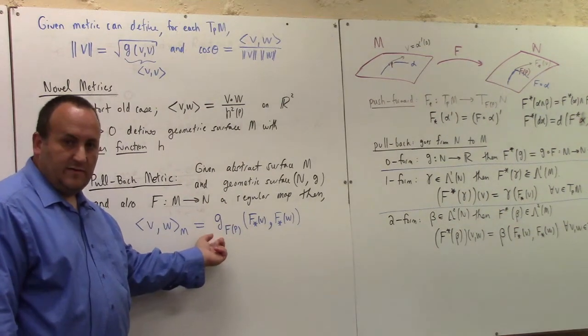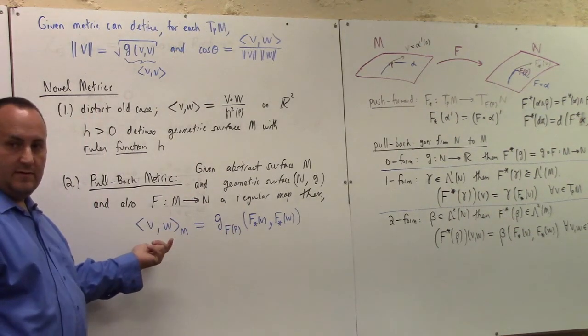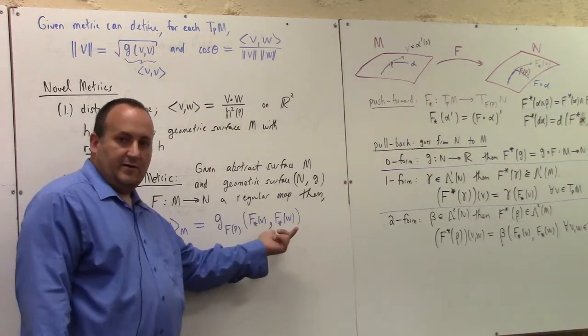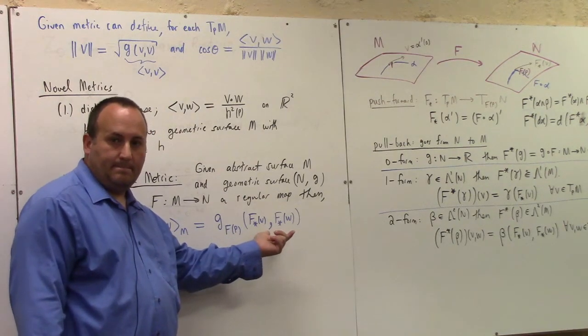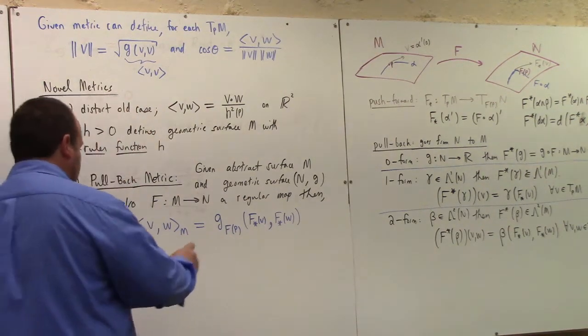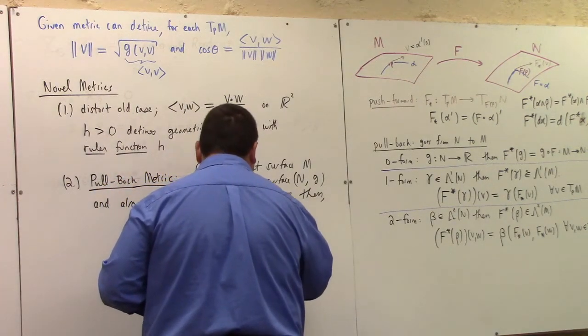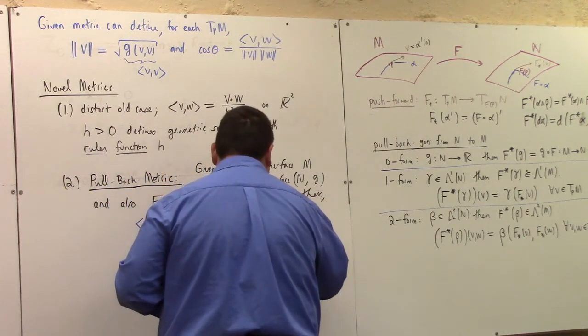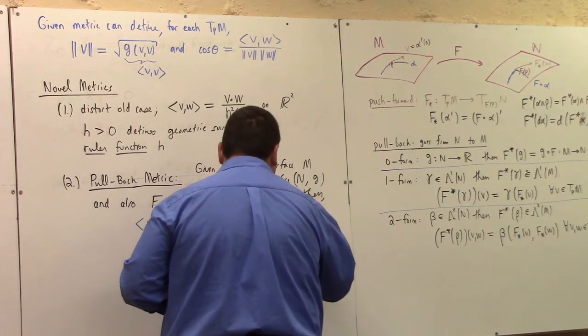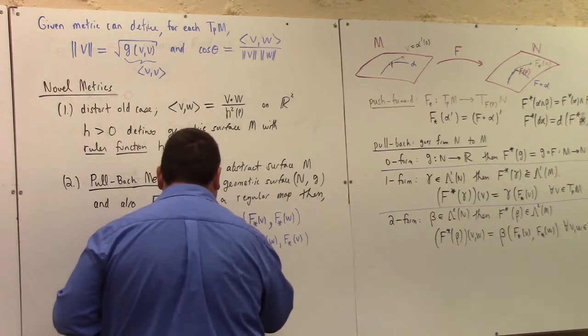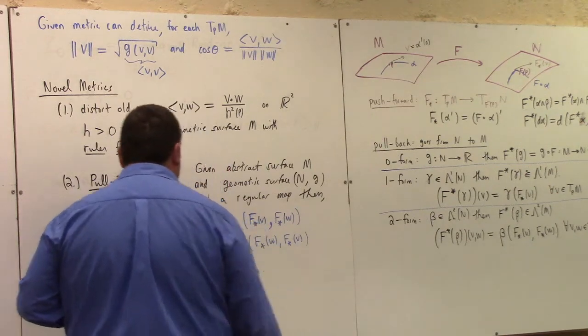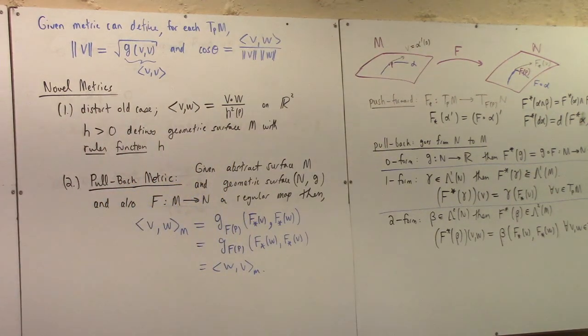So if I flip V and W, I can flip it over here just the same. Using the commuting property of the given metric, we get commuting for the new metric.